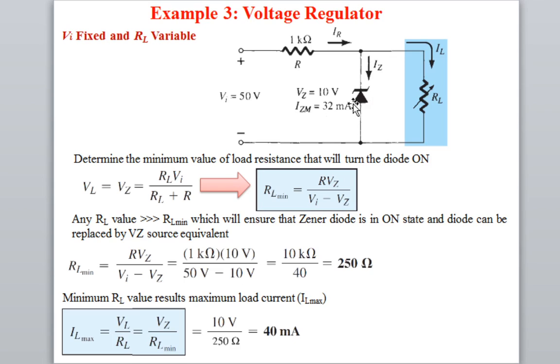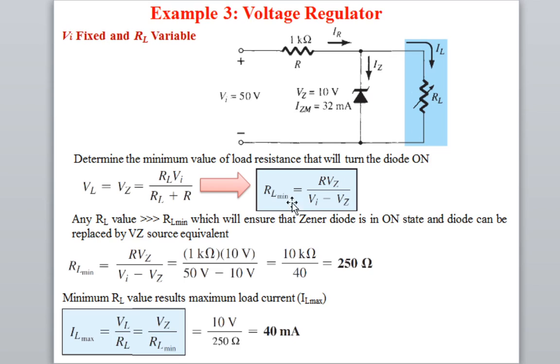So any load resistance value which is greater than RL minimum will ensure that your Zener diode is in on state.